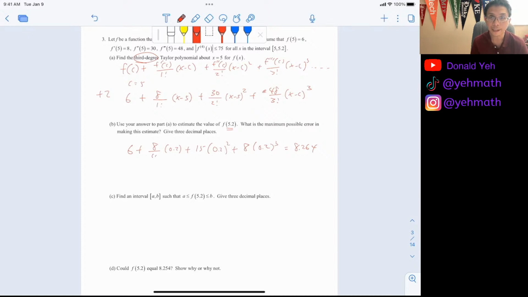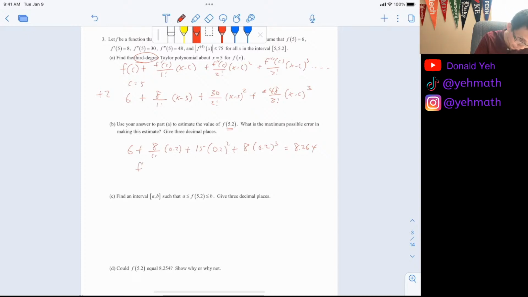What is the maximum error in this? We're going to use Lagrange. We stopped at third degree, so we do m plus 1, which is the fourth term. The nice thing is that for the fourth derivative they actually told you the maximum.